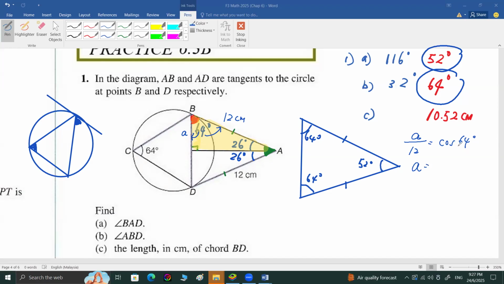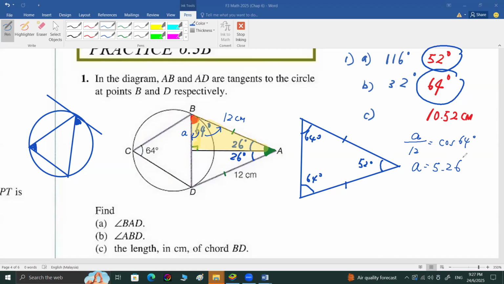Like how many, please? 12 times cos 64. 5.26. 5.26, Parveen. 12 times cos 64.